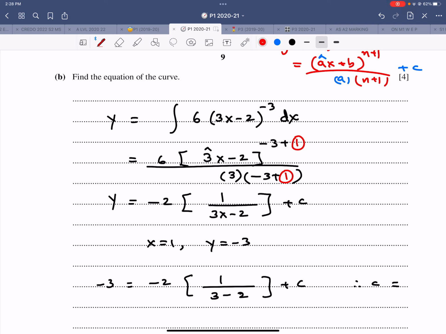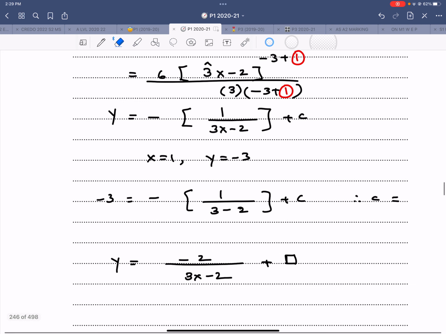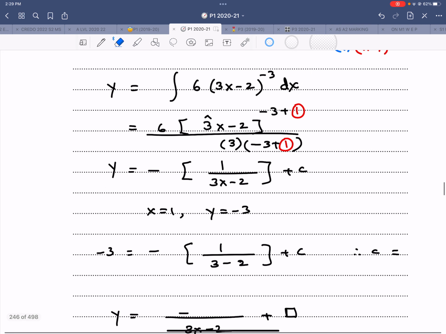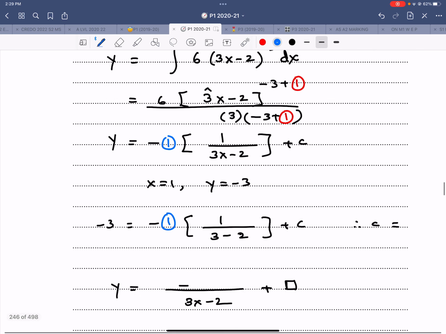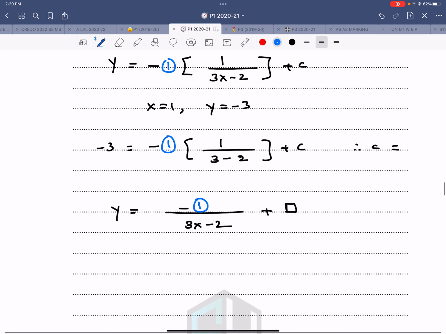Minus 2 into 3 is minus 6. So therefore, this value will be changed. So this is negative 1, and then you'll find the value of c.